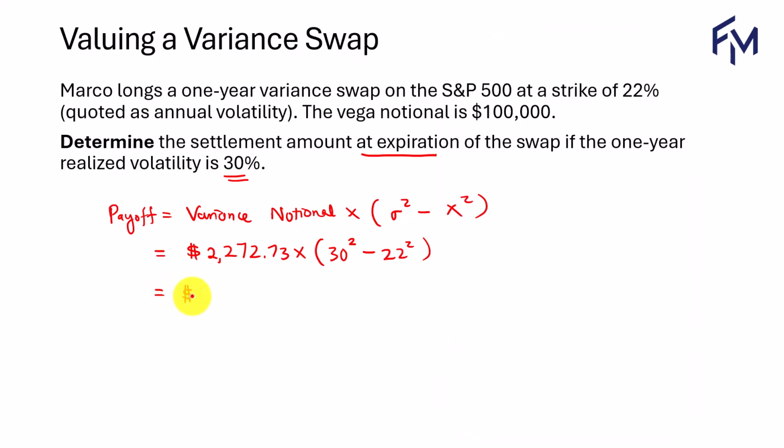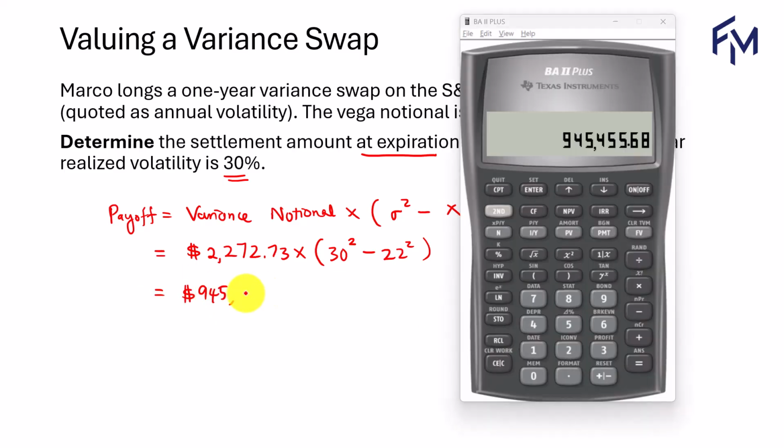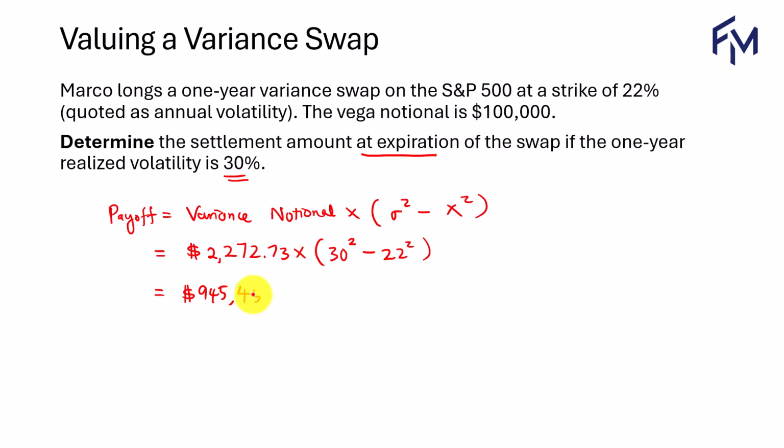That is 945,455.68. So if the realized volatility is more than 22, it will be a positive payoff for the long position. However, if the realized volatility is less than 22, then the long position would have to pay the difference to the other party.